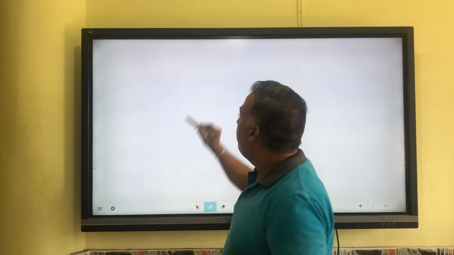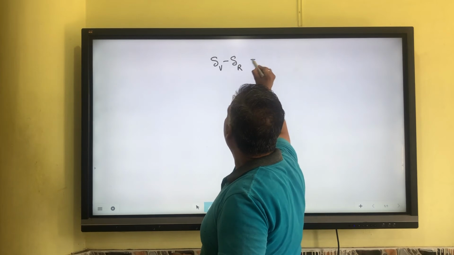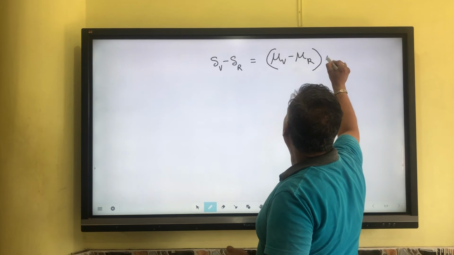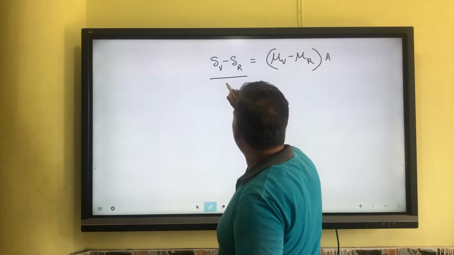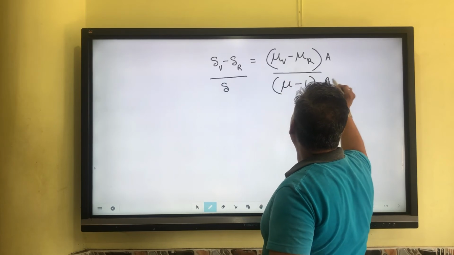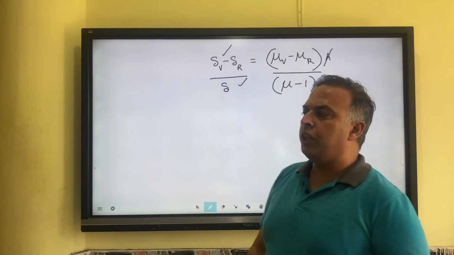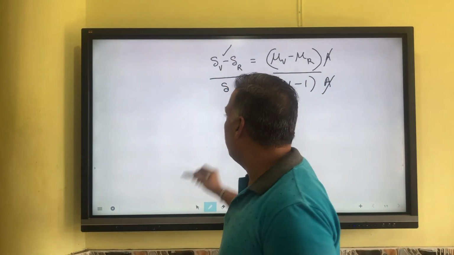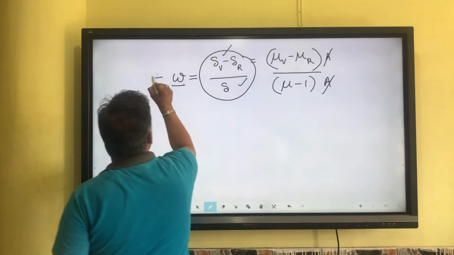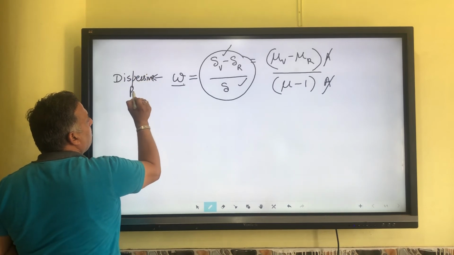Secondly, we have delta V minus delta R, that is (mu V minus mu R) into A, and delta upon (mu minus 1) into A. If I cancel out A, this is the ratio of angular dispersion to mean deviation. This is known as dispersive power.